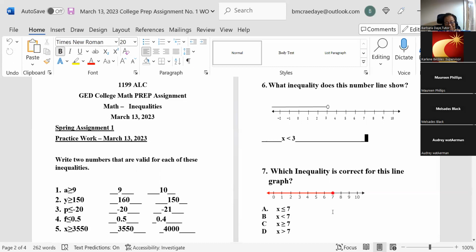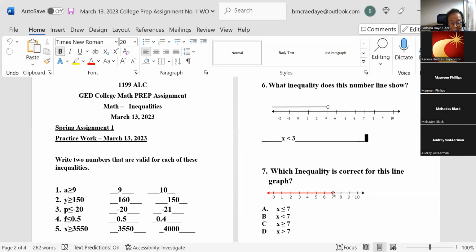You said it so fast I didn't catch on. Okay, all right, here we go. The enclosed dot, the shaded dot is on the 7. So whenever the dot is shaded, it has to be the inequality symbol greater than or equal or less than or equal. Follow? Okay.